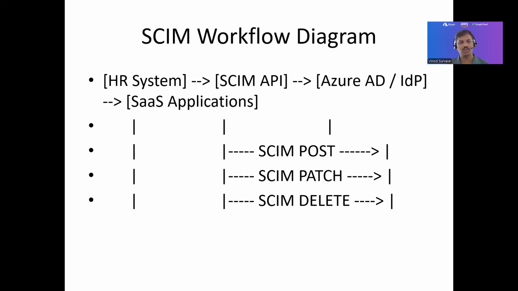And then it is going to create the same identity in other SaaS based applications, so that you can see post, patch, and delete. These are the steps it is going to take, right? And then once the user identity is created in the respective systems, the user gets access once all the steps are done. So that's how it works, in a simple and straightforward way.